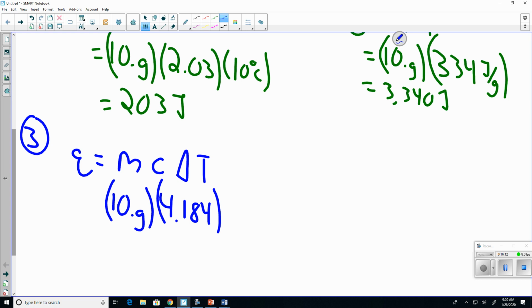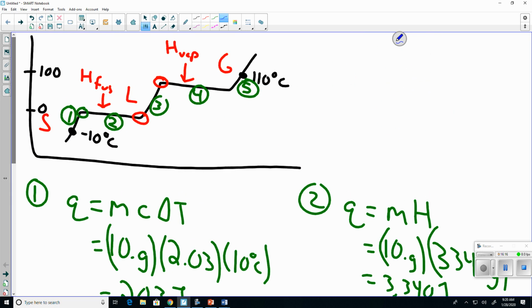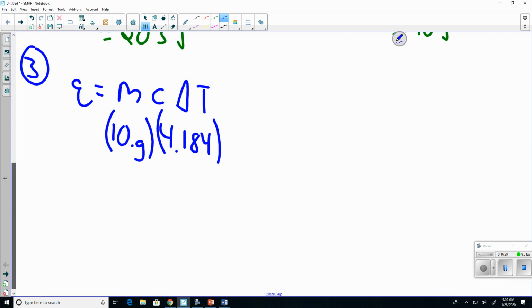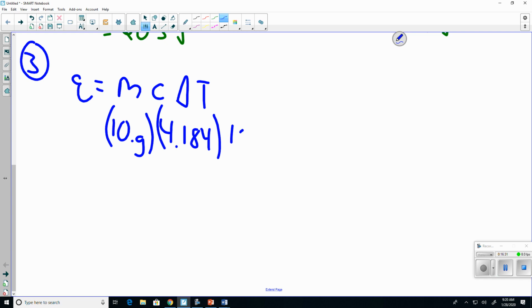All right, Caleb. Delta T, the change in temperature. Again, our initial temperature started here at 0. Our final went to 100. So final minus initial would be 100. Start at 0, go to 100, subtract, 100.